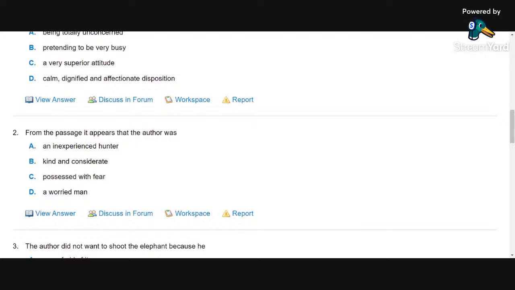Yes, option B is the right answer because he did not want to kill the elephant, correct? Even though he was a hunter, he still was considerate. That is why option B is the right answer.